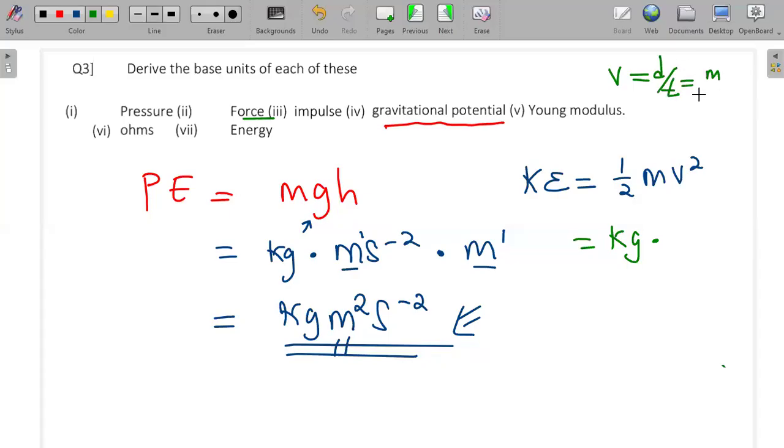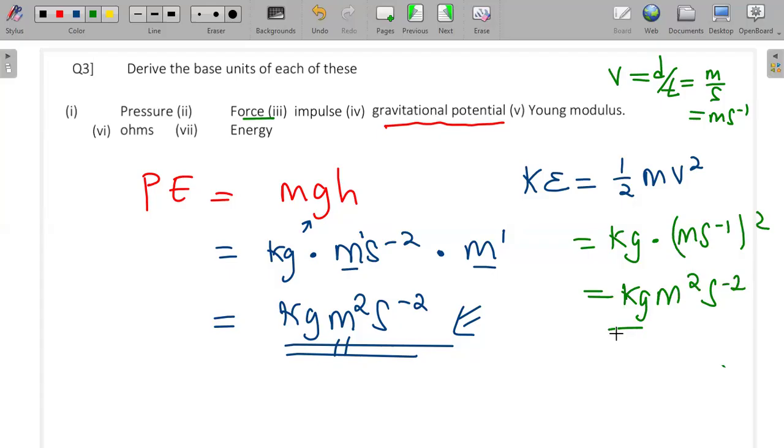So distance is meters, and time is seconds, which is the same as m s to the power minus 1. Meaning that wherever there's v here, I'm going to put m s to the power minus 1. And then since v is squared, I'm going to square this. So you see that we still end up with kg m squared s to the power minus 2. Because this 2 goes to the m squared, this 2 goes to the s minus 2. So you see that they're the same. So whatever energy we can think of, the units are always going to be the same.